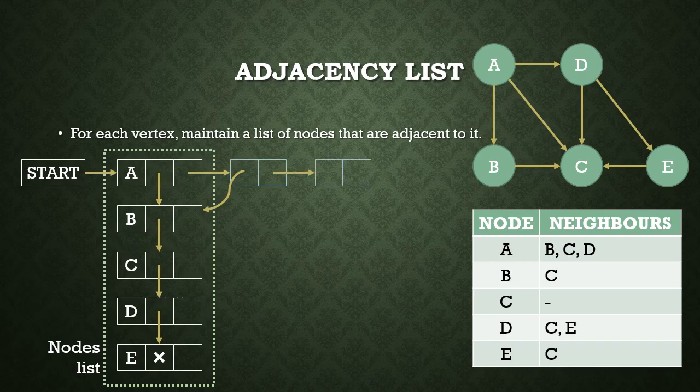So it points to another data structure. Now this second data structure is another edge from A. It is an edge from A to C.